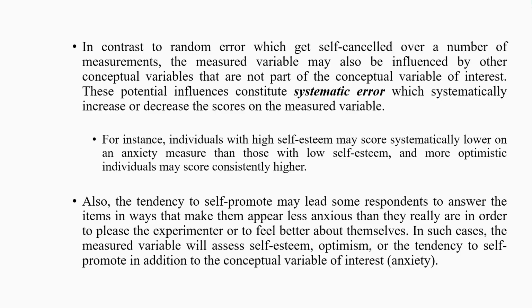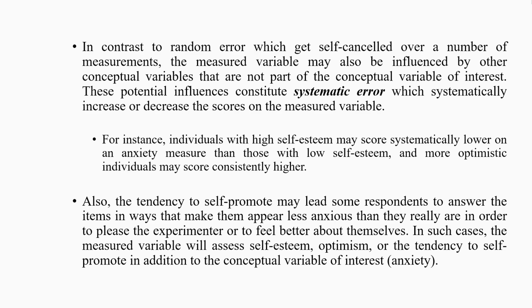They might do this for whatever reason, sometimes to please the experimenter or just to feel better about themselves. In such cases, the measured variable will basically be assessing self-esteem, optimism, or the tendency to self-promote, in addition to the conceptual variable of interest, which was anxiety. So, this is a very good example of how systematic error may sometimes creep into our measurements.